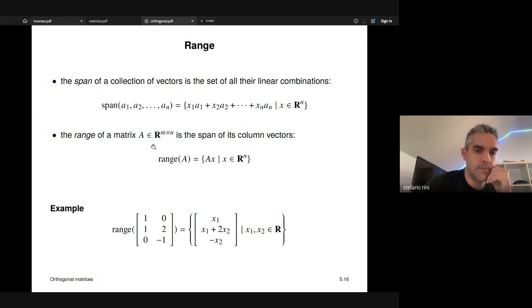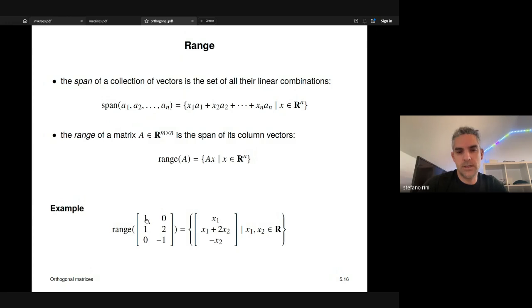So if I take a matrix A, I take all the columns and consider all their linear combinations. I construct a span of the column space, and this is called the range. Let's give an example. We have the tall matrix here, and we consider all the possible ways in which we can construct another 3 times 1 vector, which is a linear combination of these elements.